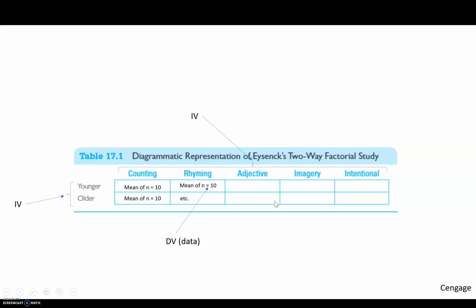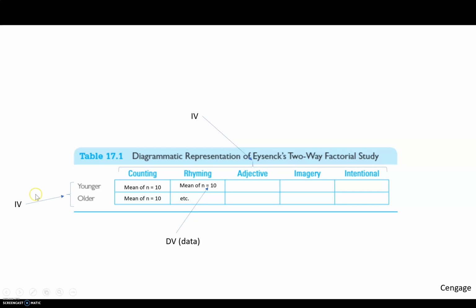Okay. Now you could, in theory, you could examine this with only that independent variable, right? So you got 50 subjects here, you got 50 subjects here, 50 younger, 50 older, and you could just ask the question, do older participants recall a significantly different number of items than younger? You could just look at that. What's the effect of age?